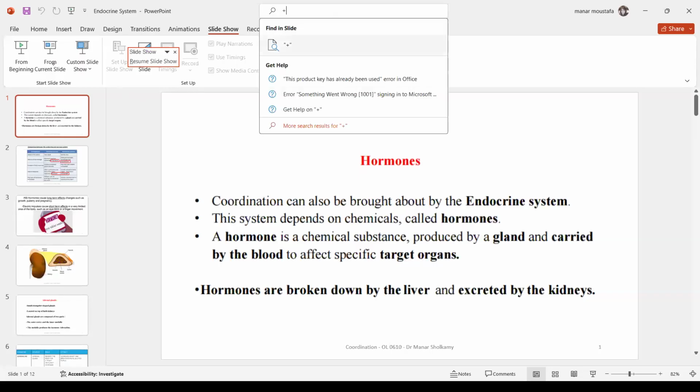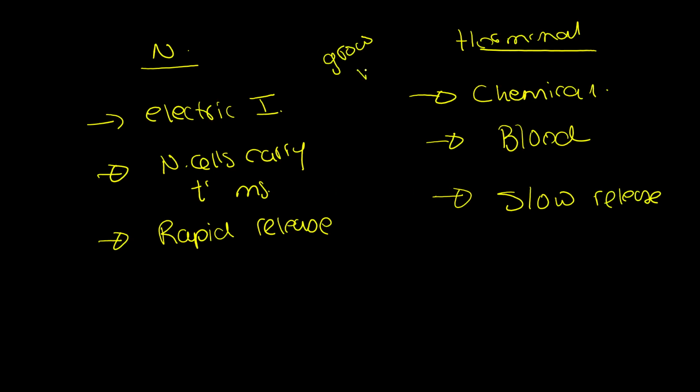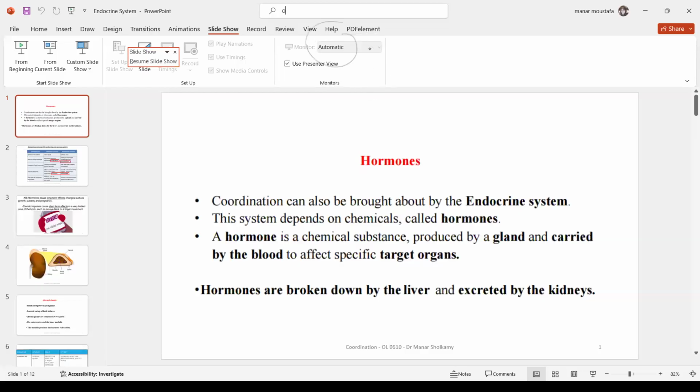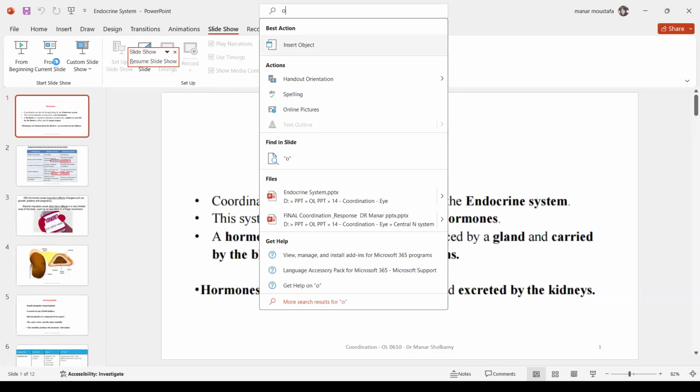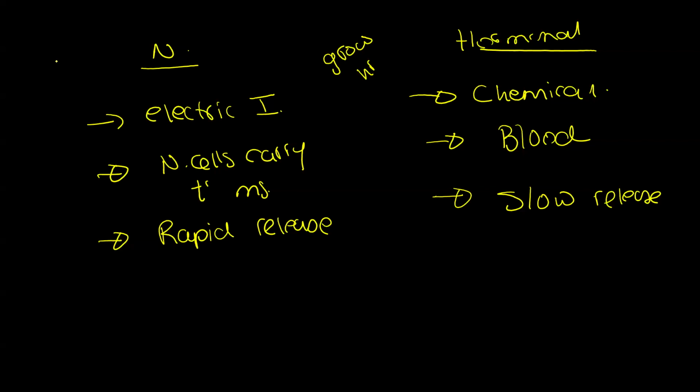This growth hormone is produced by the brain, and it affects you for years. If you realize, the growth hormone is produced by the brain since you are a child, and it keeps on affecting you until you reach 18 or 21. So the hormonal system or the endocrine system releases the hormones very slowly, but the effect of the hormone can last for years.